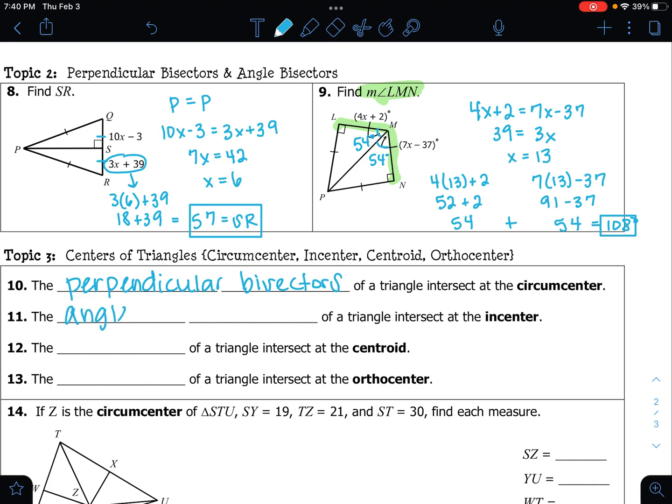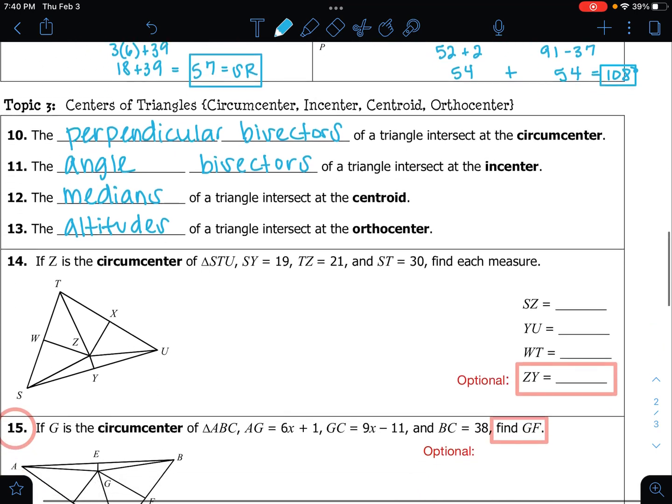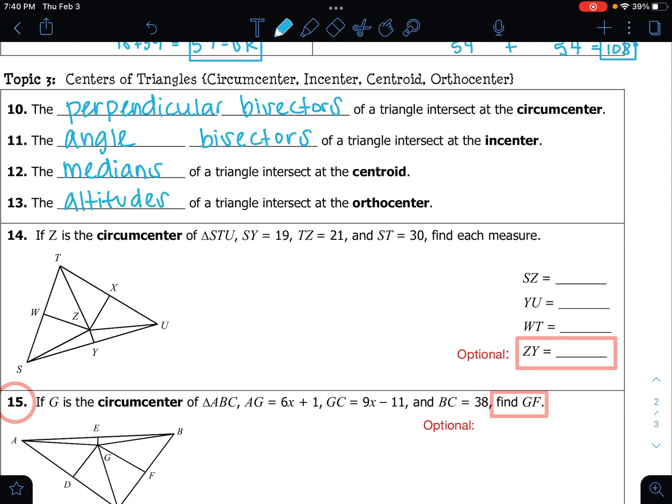So angle bisectors go with incenter. Centroid, that would be medians. And orthocenters, altitudes. All right, these are circumcenter. So circumcenter means we're talking about perpendicular bisectors. If you look at your notes, you'll see that.